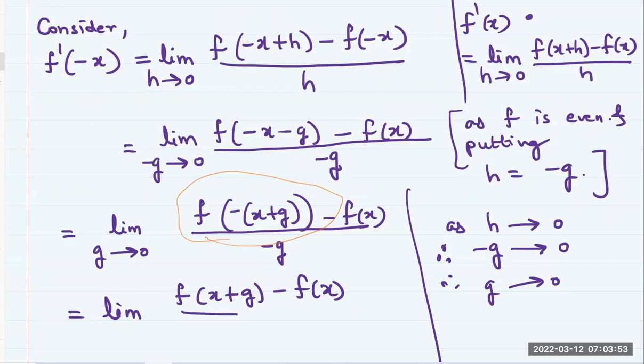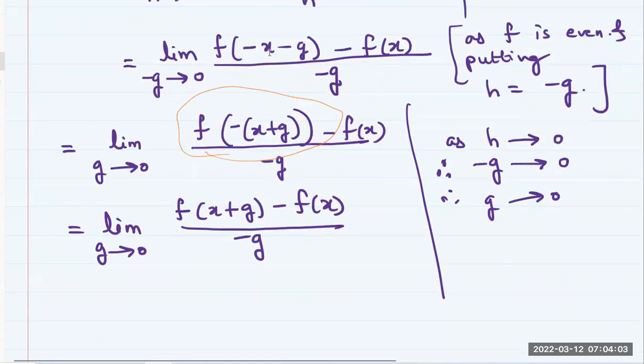F of x. And in the denominator, you have minus of g. And here you have g tends to 0. This step is clear, again the reason here is, as f is even, f of minus of x plus g is the same as f of x plus g.